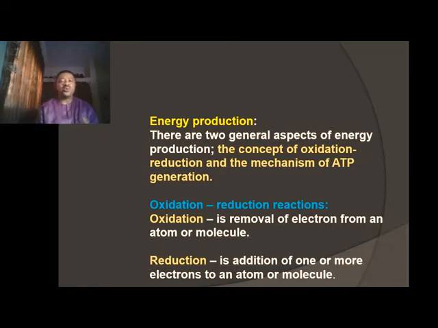Now, we call it an oxidation reduction reaction because when we have a molecule that electrons are removed from, and that molecule becomes oxidized, those electrons are transferred to another molecule which becomes reduced. That process of reducing the other molecule by the addition of electrons is called reduction, and they occur together.